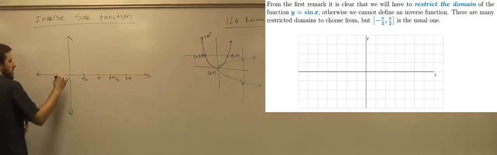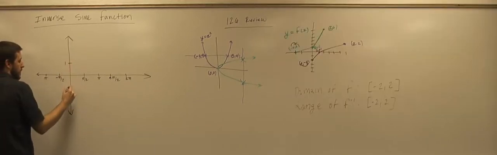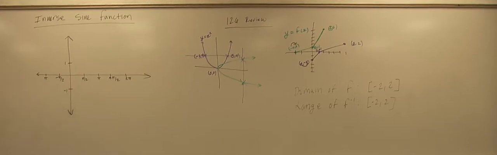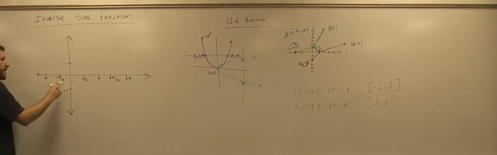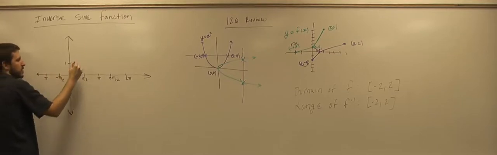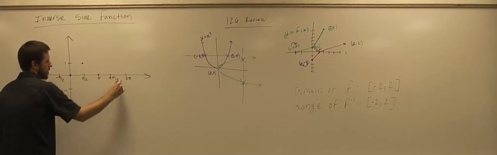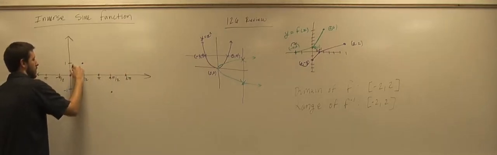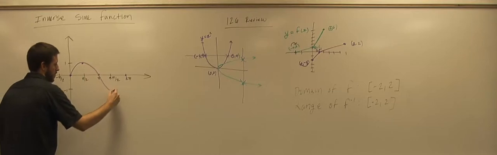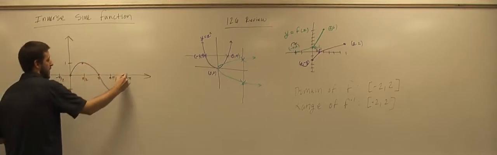Sine bounces between -1 and 1, but it starts at a 0 at the origin. Right? So it goes 0, max, 0, min, 0. One period of y equals sine x.